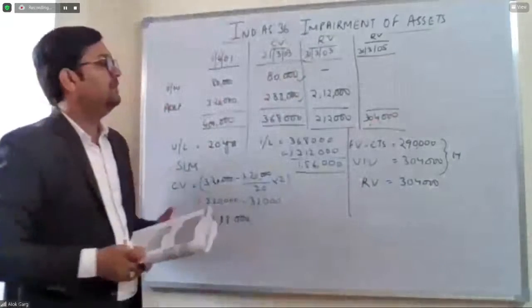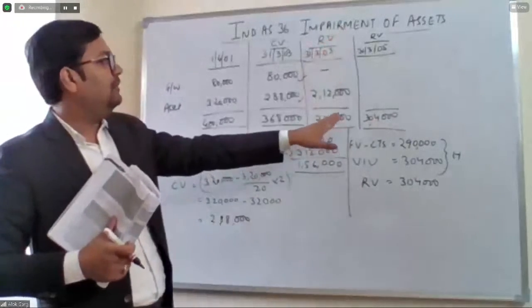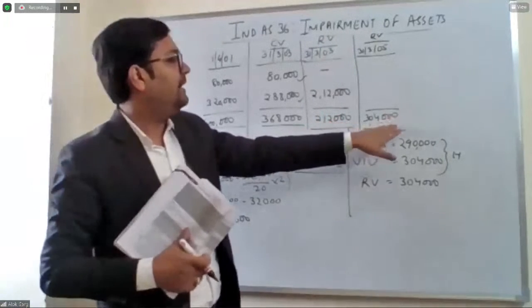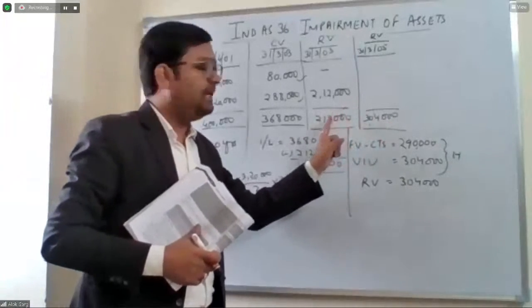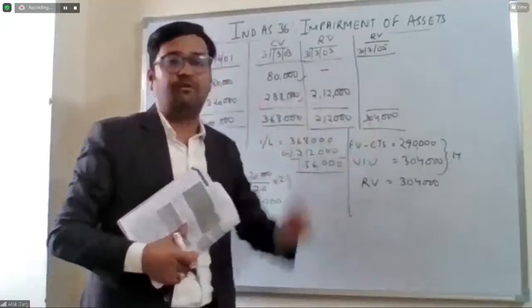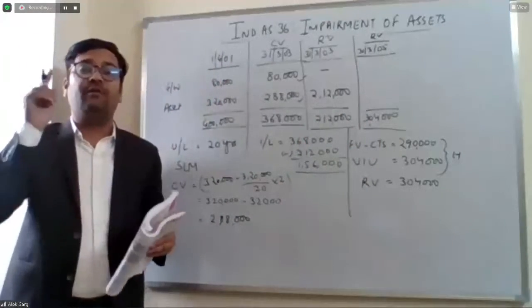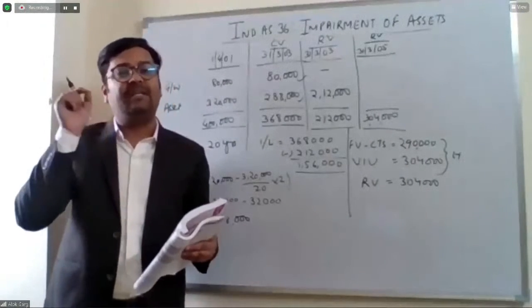So this was the revised carrying value on 31st March 2003, which is 2,12,000, and the recoverable value is 3,04,000. So should I increase this 2,12,000 to 3,04,000? The answer is no. I have to see what the carrying value would be had the asset never been impaired.